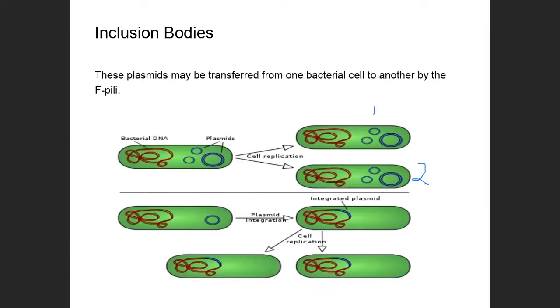Then it shows that sometimes the plasmid can be integrated and become part of the chromosome, which leads to a mutation, which simply adds to the diversity of the bacterial population. It changes the bacterial population. Any questions?